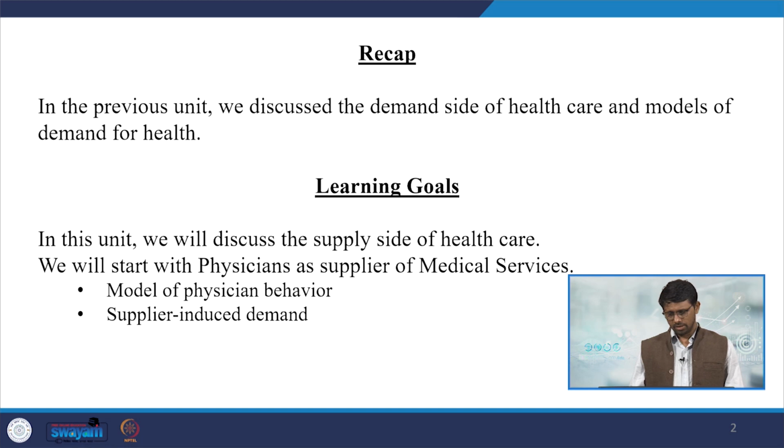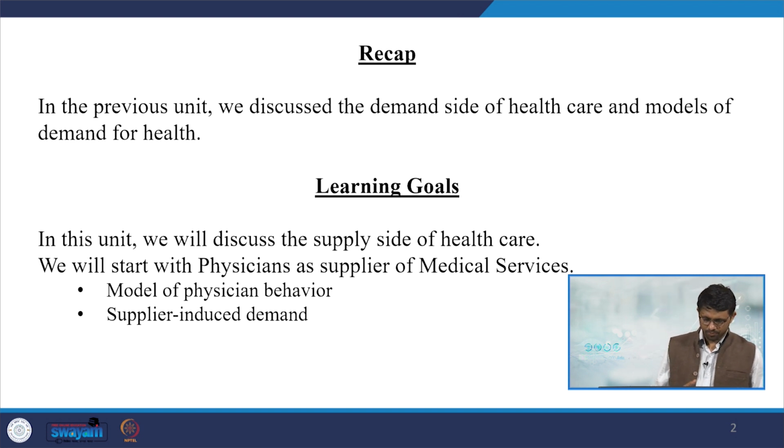So, we will just give you a very brief recap about the demand side healthcare and the different models of demand for healthcare. In this unit, we will discuss the supply side factors or supply side modeling.